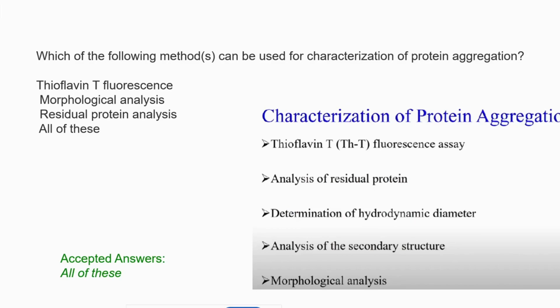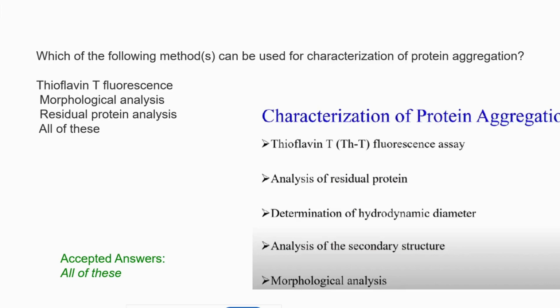The next question was: which of the following methods can be used for characterization of protein aggregation? The options were thioflavin T fluorescence, morphological analysis, residual protein analysis, and all of these. Again, the correct answer would be all of these.